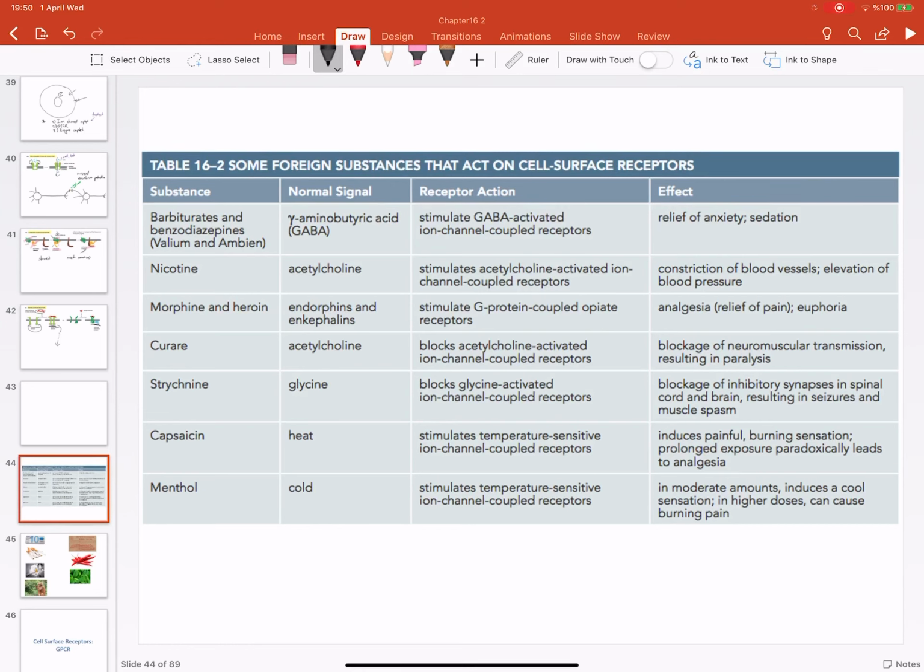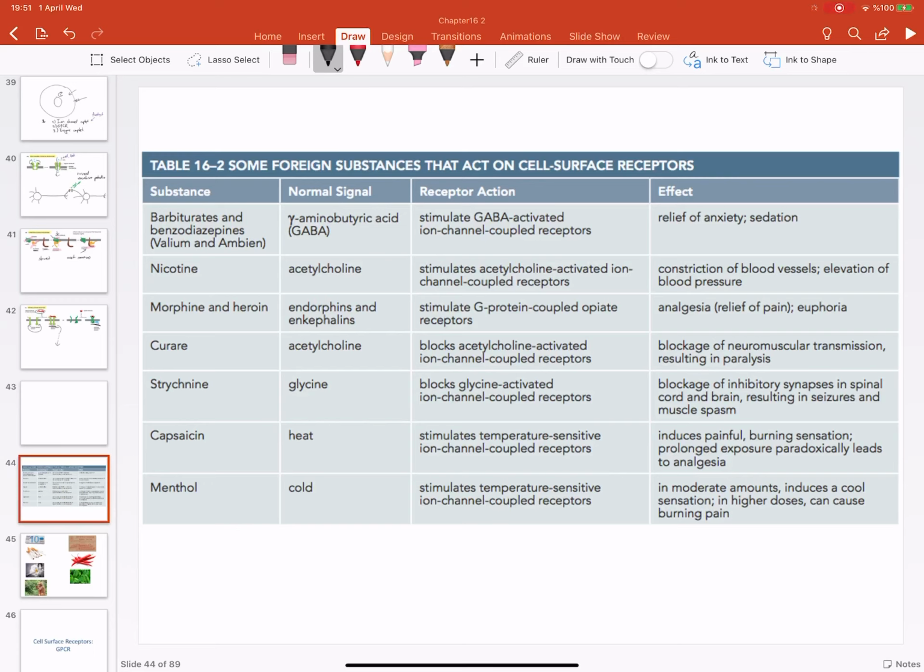Many things that we use in our daily life, many things that affect our lives, are acting on the cell surface receptor, because the cell surface receptors are how we perceive the extracellular environment. A cell can understand what is going on around only and only using its receptor. As I said, the cells have no eyes, no ears, no hands.